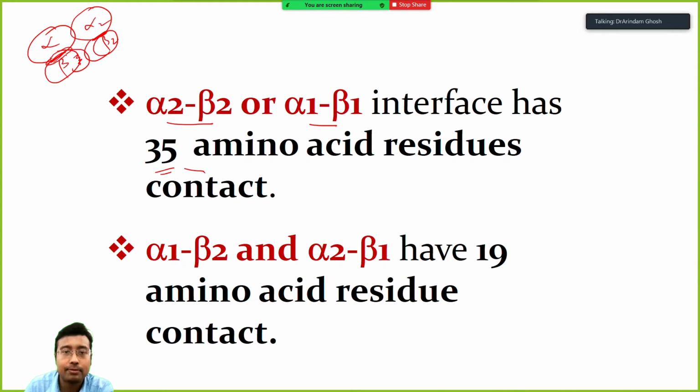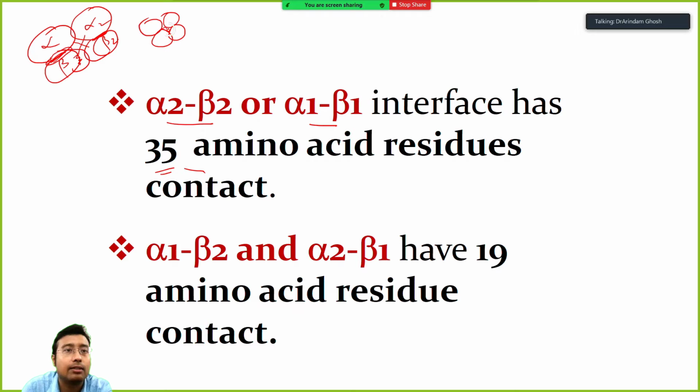Okay, and alpha 1 beta 2, for example, this with this, this is also connected, so everything is connected. These balls, these spheroidal globular proteins, are all connected to each other.